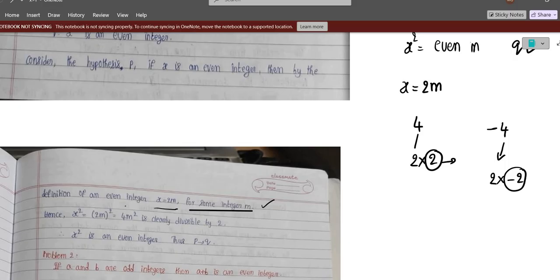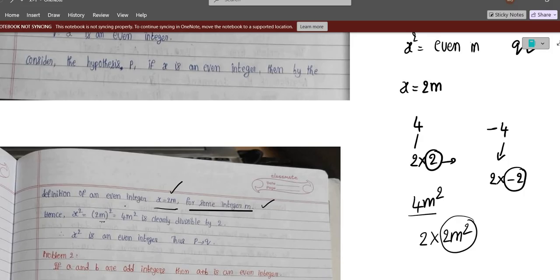Now I need the x square value. Now x square equals, substitute the x value here. Then we are going to get (2m) square. 2 square is 4, m square is m square only. So we got the value of x square as 4m square. 4m square can be written as 2 into 2m square.